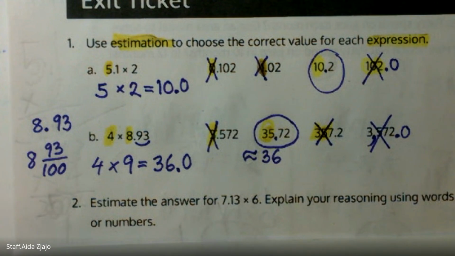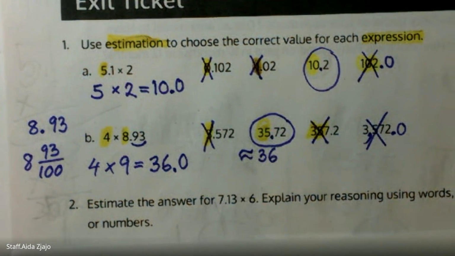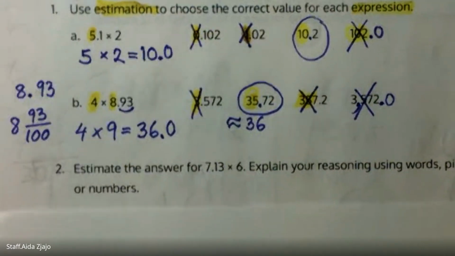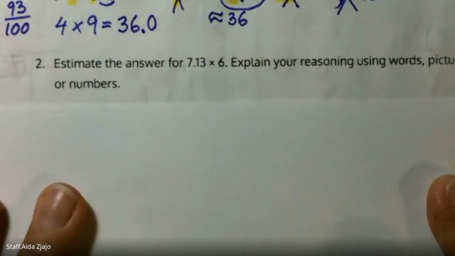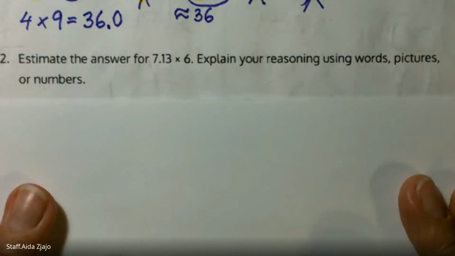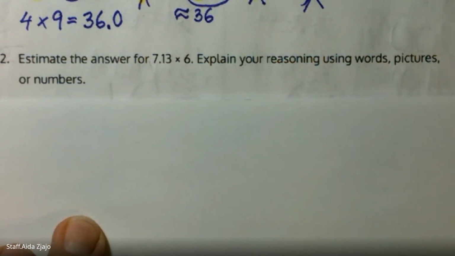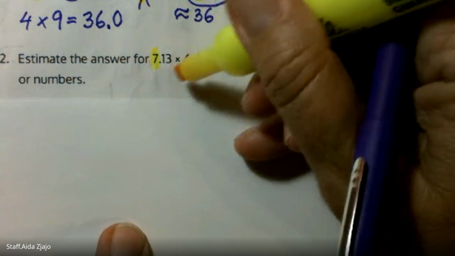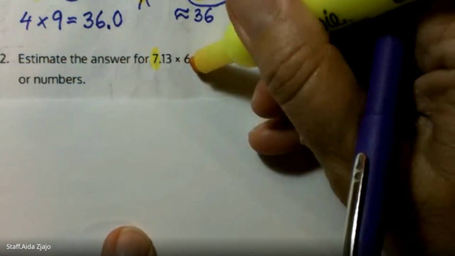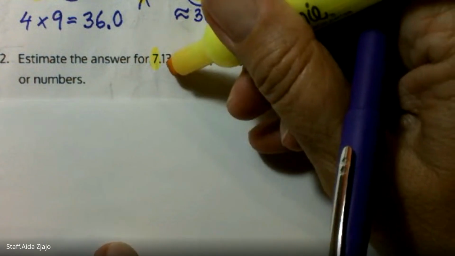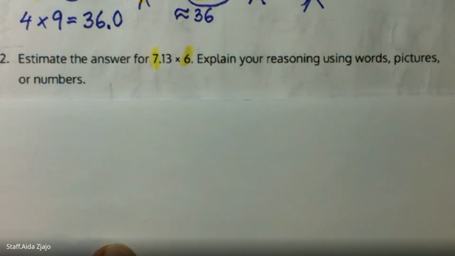All right. Now the next problem is, all right, estimate the answer for $7.13 times 6, or we can say 6 groups of $7.13.